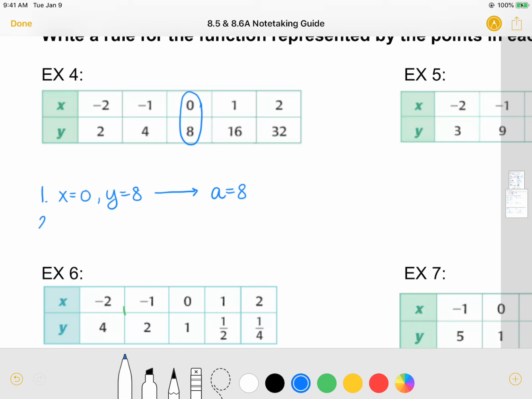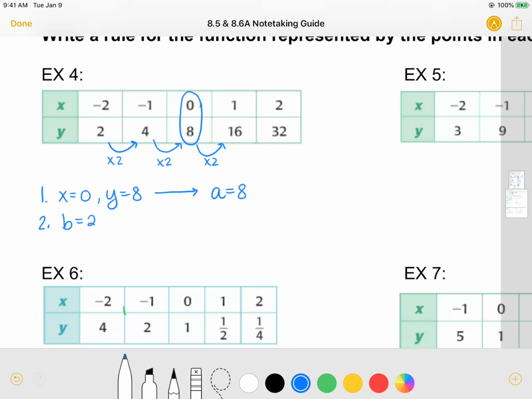The second step, step number 2, is to find the multiplier. Okay, so you look at your y values and you say, okay, what do I multiply 2 by to get 4? Well, that's 2. And 4 times 2 makes 8. And 8 times 2 makes 16. Okay, so our common multiplier, b, is equal to 2.